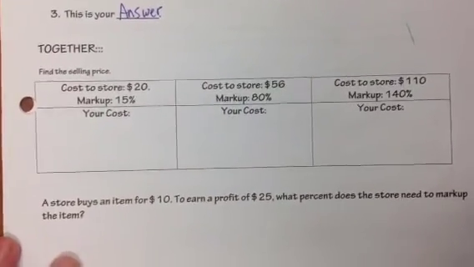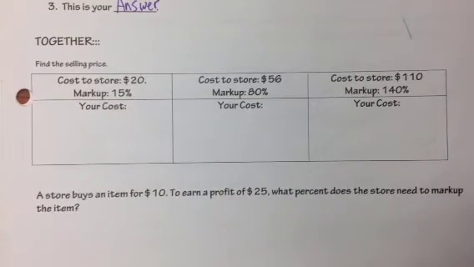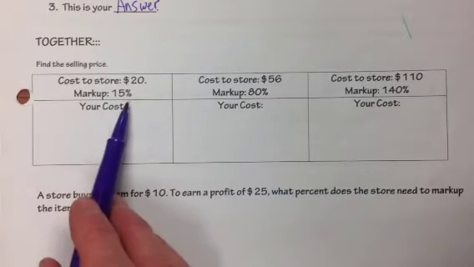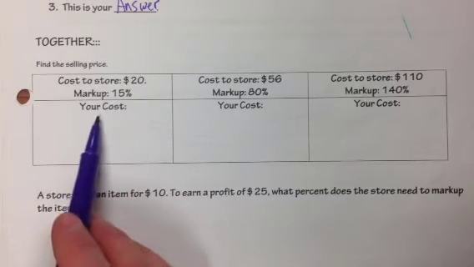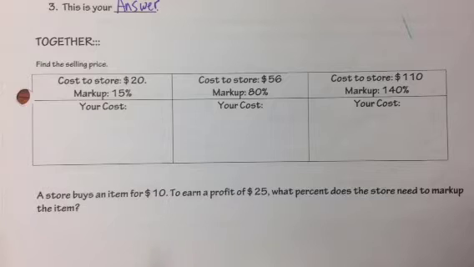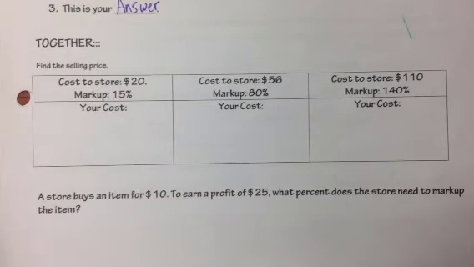Okay, so we just have these questions together, and then I have this one down here on your own. Finding the sell price. So here's the cost to the store, and here's the markup percent, and we want to know the cost. Okay, so how much it's going to cost us. So we take, I'm going to change colors here, be colorful.